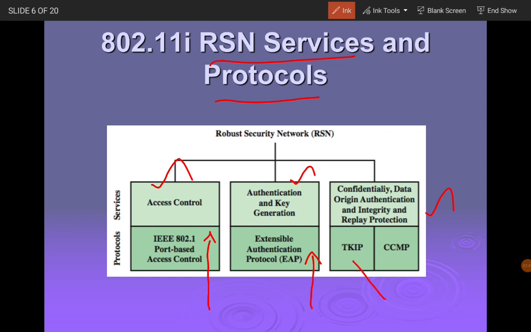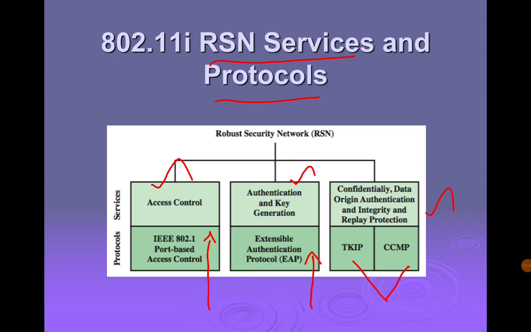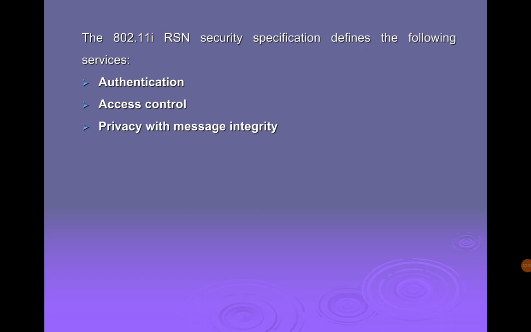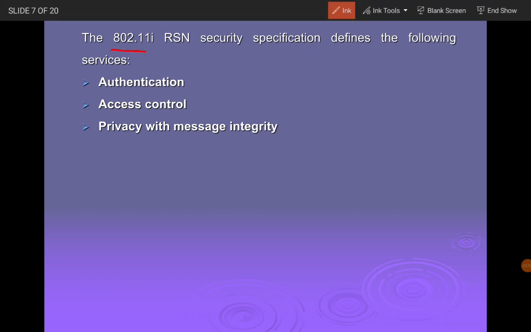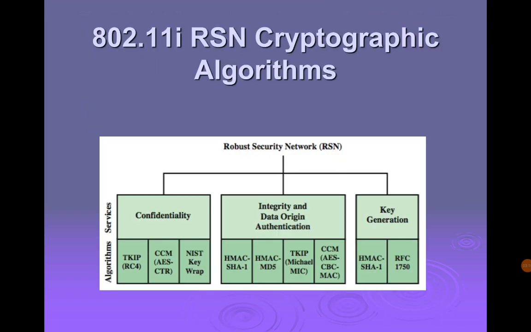Then TKIP and CCMP for providing the services confidentiality, data origin authentication, integrity and replay protection. So the IEEE 802.11i RSN security specification defines the services. As I told earlier, the services are authentication, access control, and privacy with message integrity.